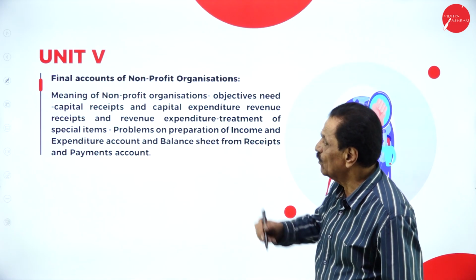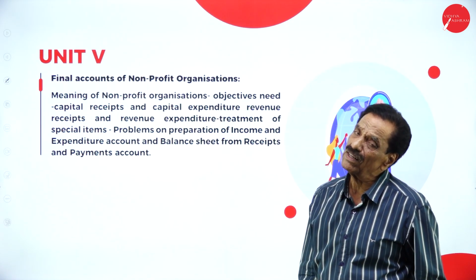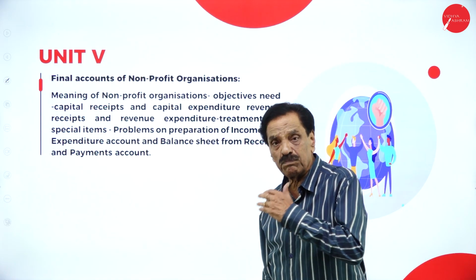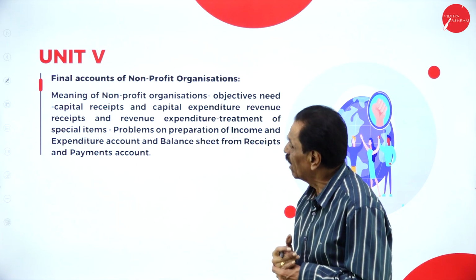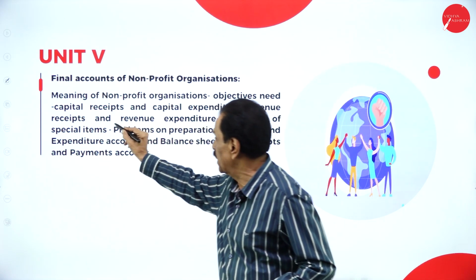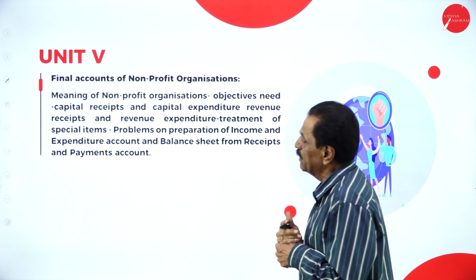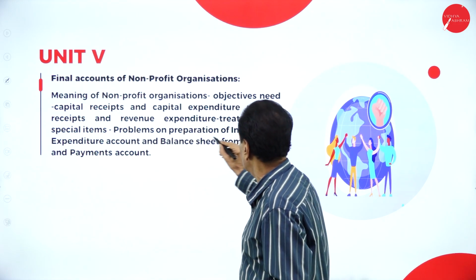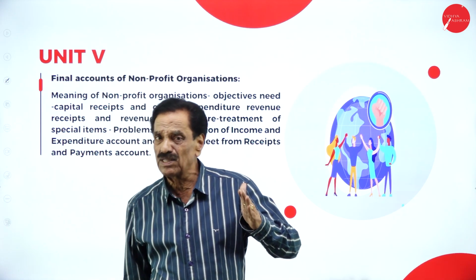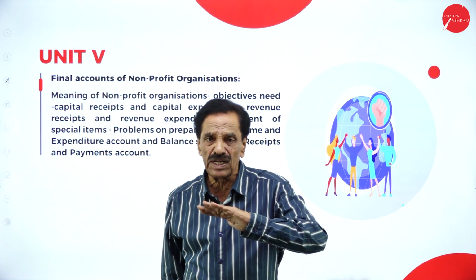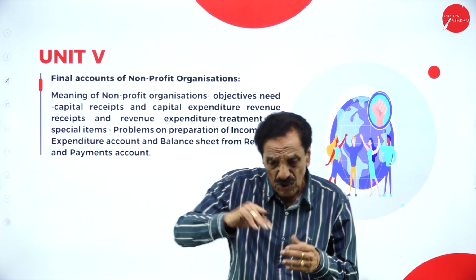Then Unit 4, final accounts of non-profit organization. This is called a non-trading organization, non-profit organization. Meaning of non-profit organization, objectives, needs, capital receipt, capital expenditure, revenue receipts, revenue expenditure, treatment of special items, problems on preparation of income and expenditure account and a balance sheet. Non-trading concerns are those which do not have a profit motive, only a social motive.